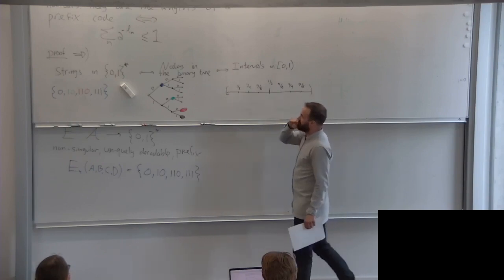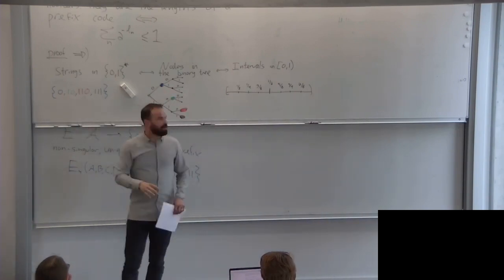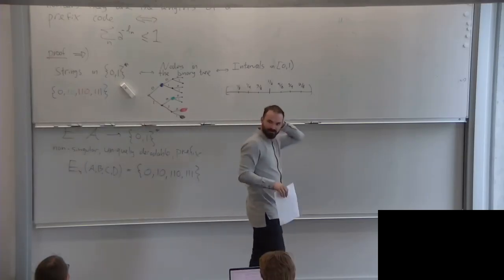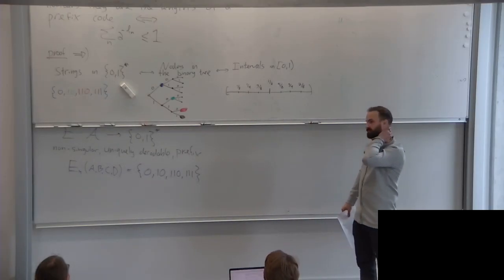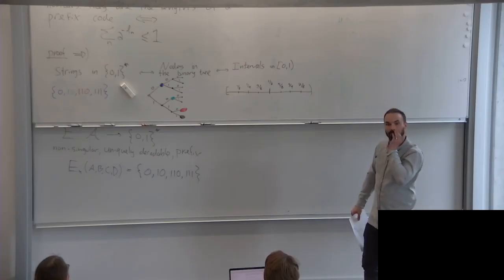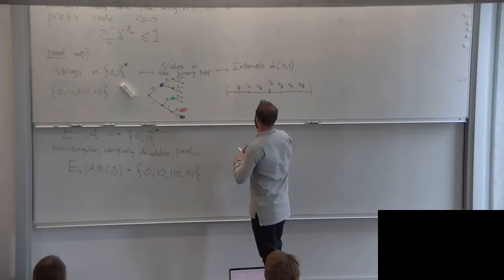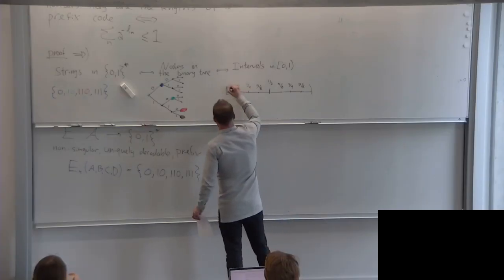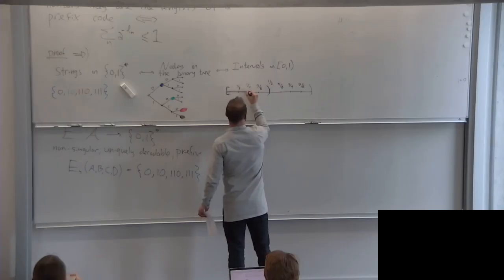How can I represent this code word, the code word 0, by some interval here? I don't know if somebody has a suggestion. 0 to 1/2. Good idea. So 0 to 1/2.